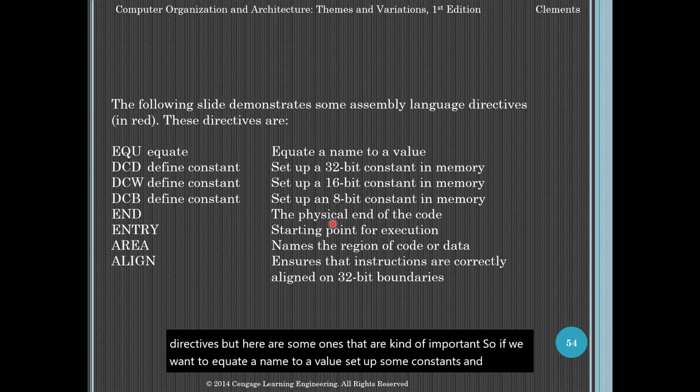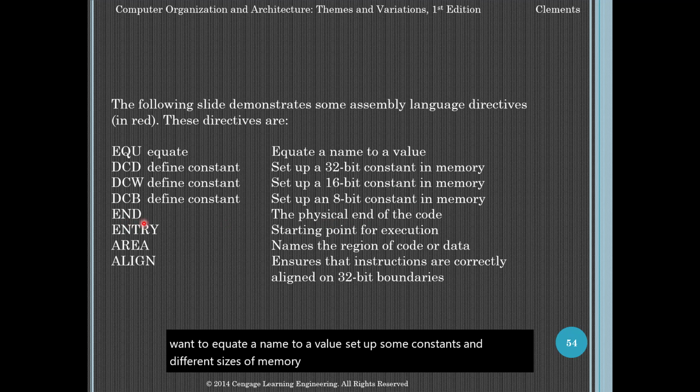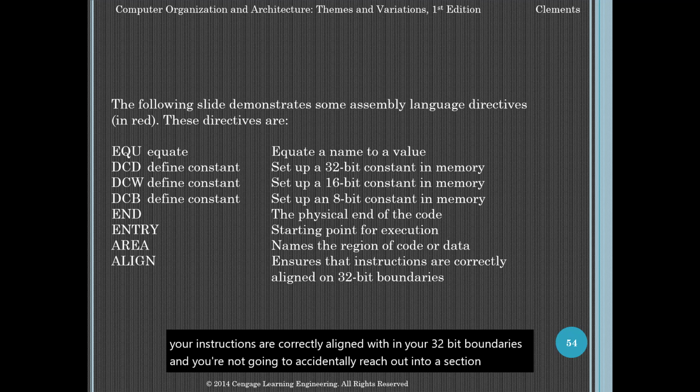When we reach the end, END is mandatory. ENTRY sets a starting point for execution. You can name a region of code or data. And if you want to make sure that your instructions are correctly aligned within your 32-bit boundaries, and you're not going to accidentally reach out into a section of code that your program doesn't have access to, then you can also use ALIGN.